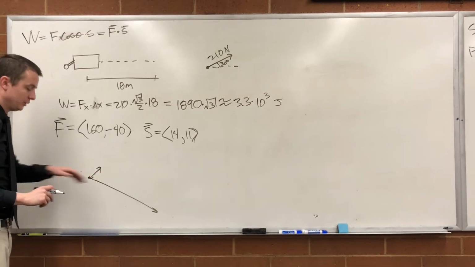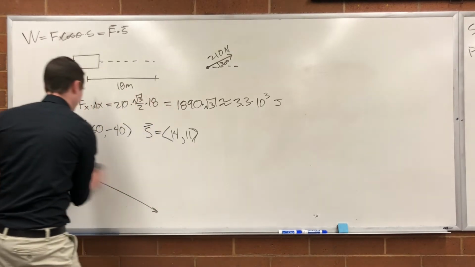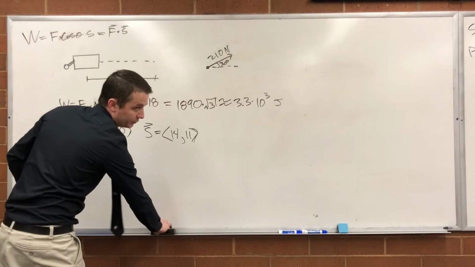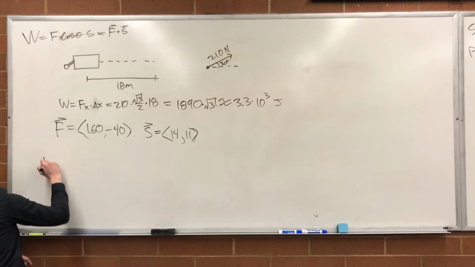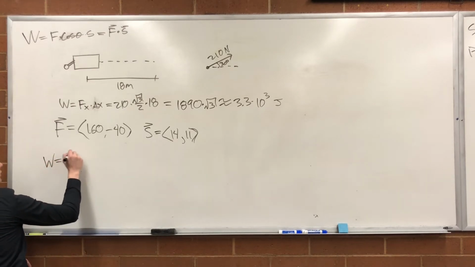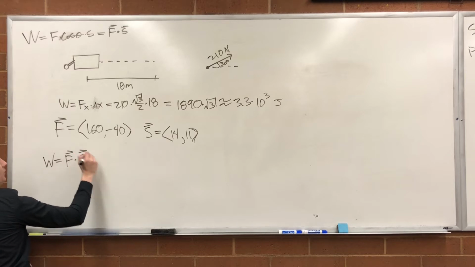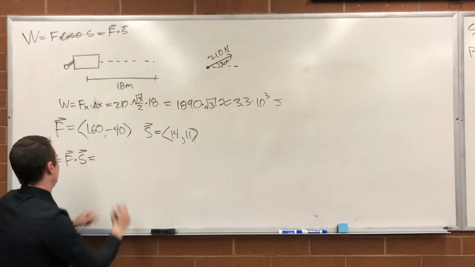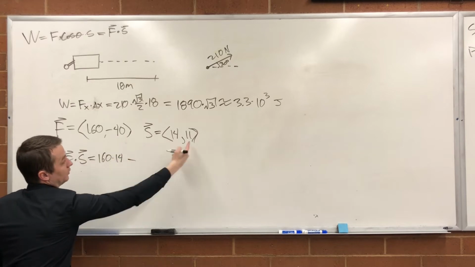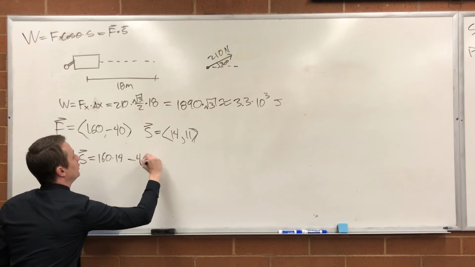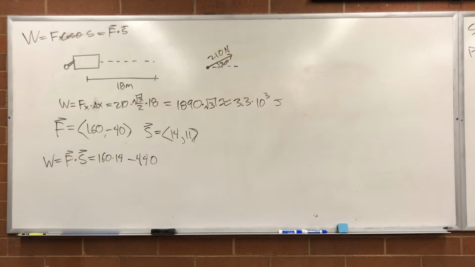You could do it the other way, there's nothing wrong with it, except it's a lot more algebra. Whereas if we just take the dot product of these two, then work is equal to F dotted with S, which is 160 times 14 minus 440. And now we can plug that in.